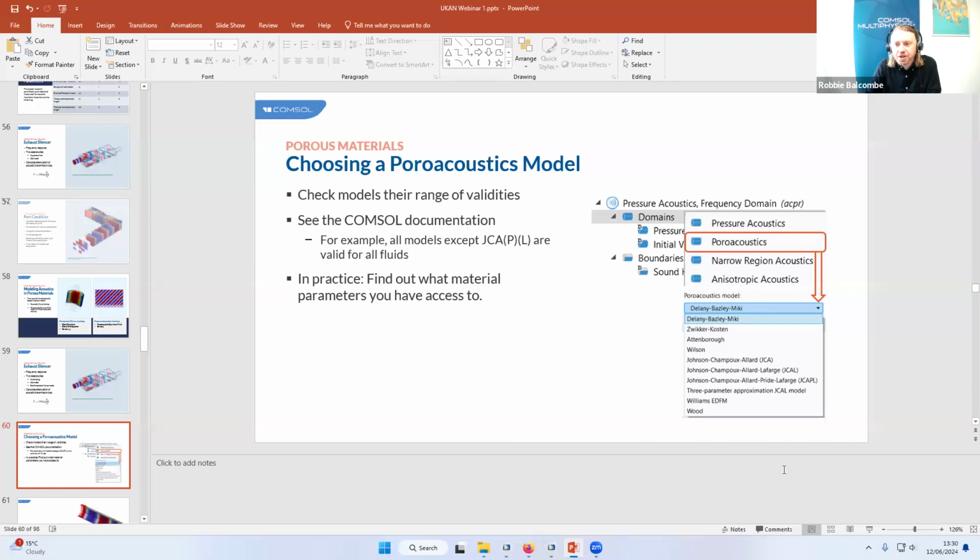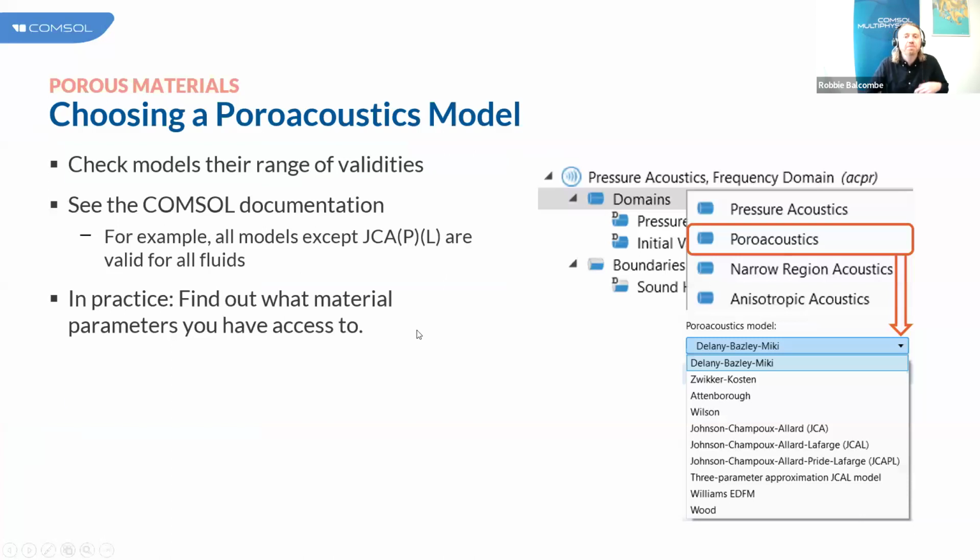Now, in terms of choosing which of the poroacoustic models to use in your simulation, as I said, the COMSOL documentation provides a lot of information on where these different porous models can be applied. But in practice, the decision may actually come down to the information that you can get in terms of the material data.